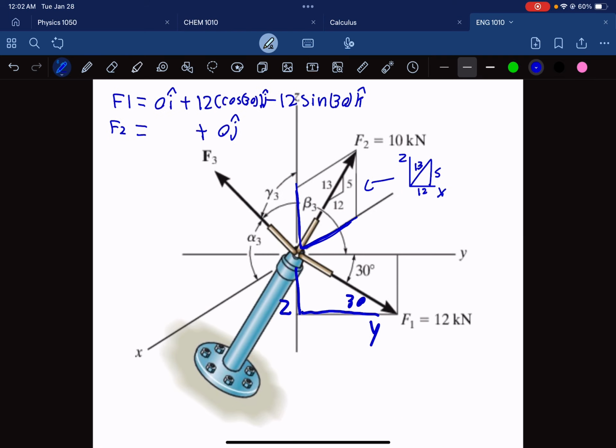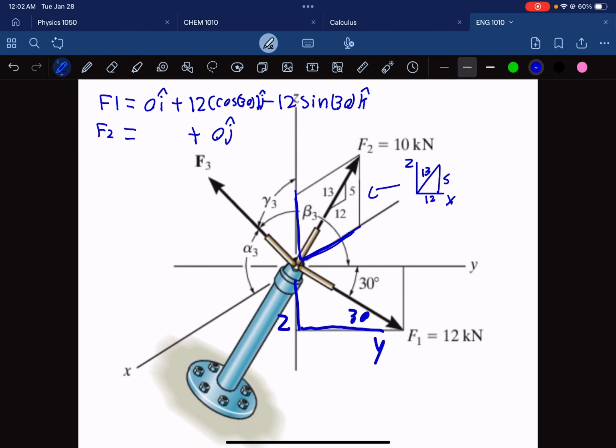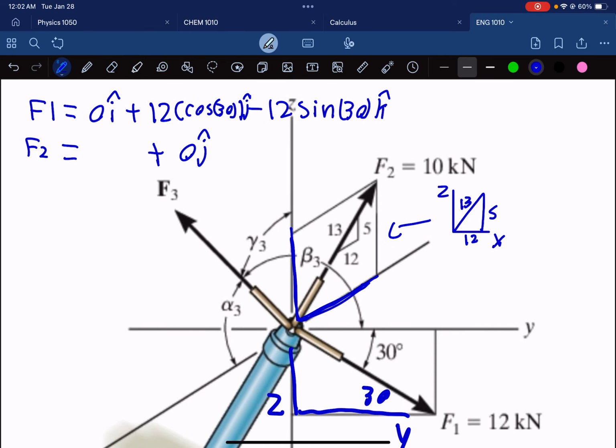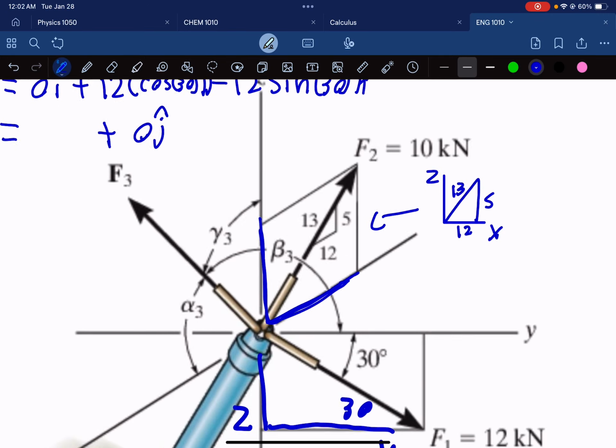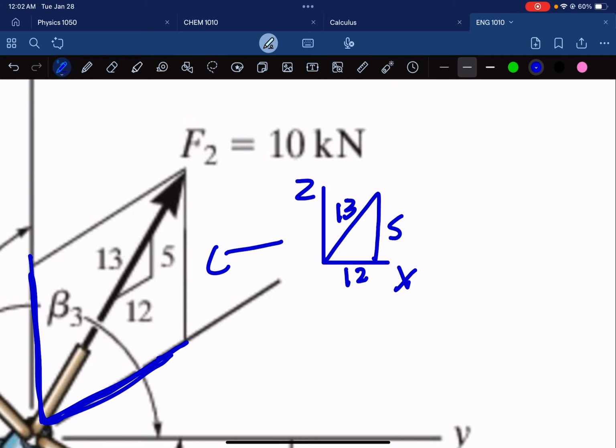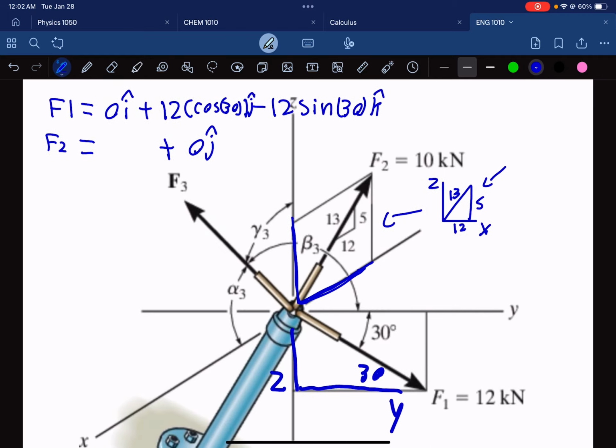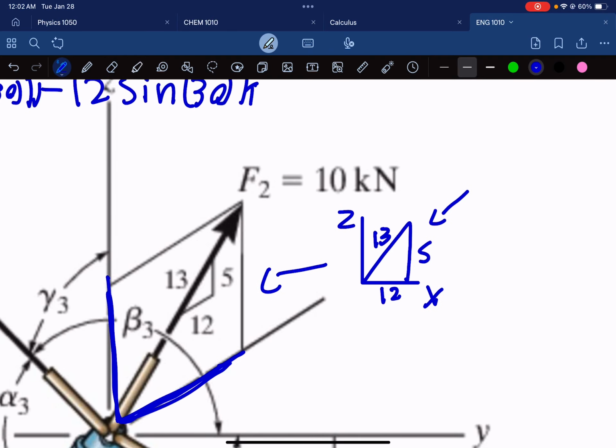Just get that out of the way. And now we want to find our x and our z, or k. So in order to find our x, we want to work with the angle. When you're plugging these numbers in here, you want to place the number you want to find on top over the hypotenuse, or the number where your magnitude is.